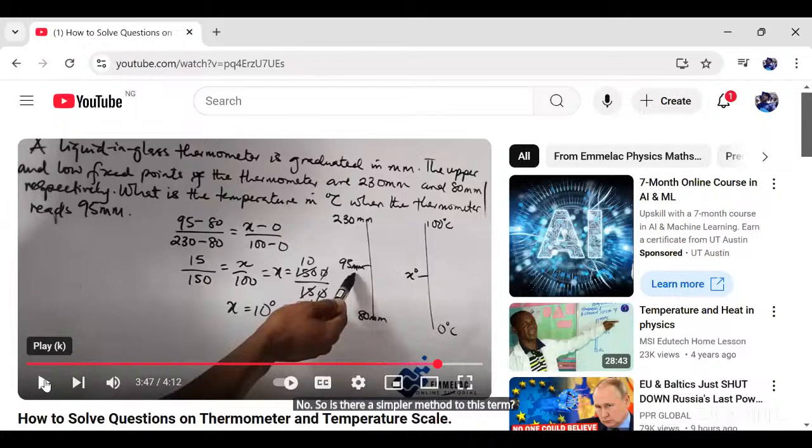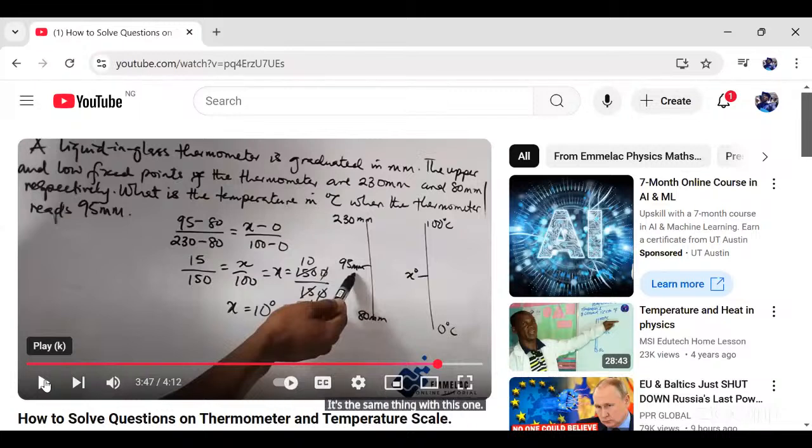Well, I read in a textbook that theta is equal to L theta minus L naught over L 100 minus L naught times 100. So is it advisable to use that one too?